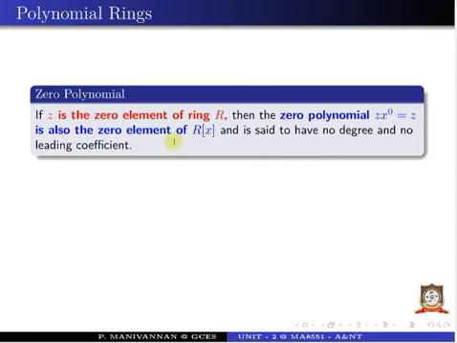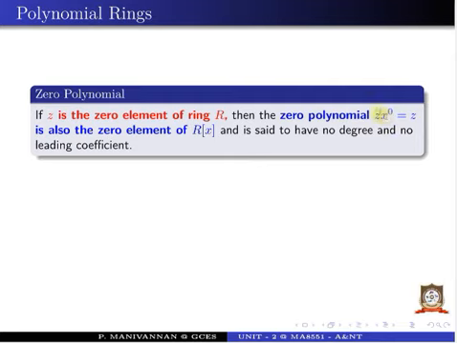Then what is the zero polynomial? If z is the zero element of the ring R, what is the zero element? The additive identity. Then the zero polynomial is z into x power 0.